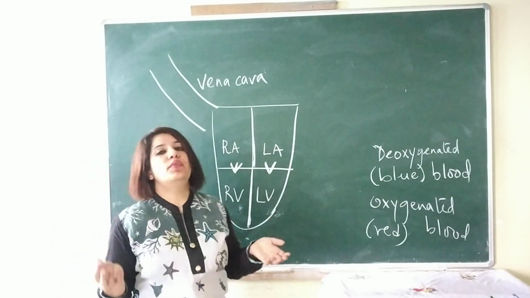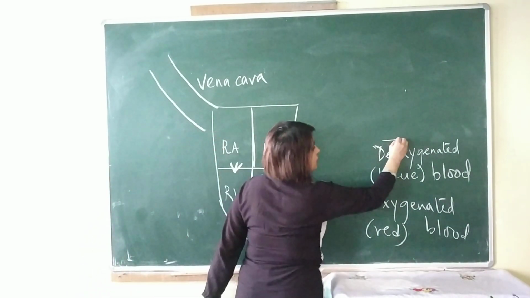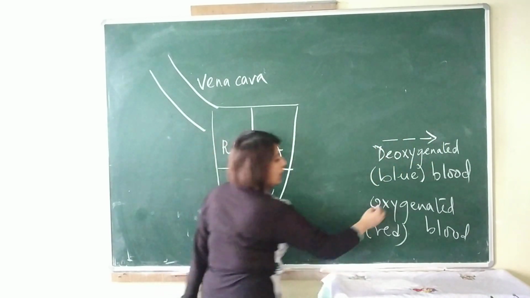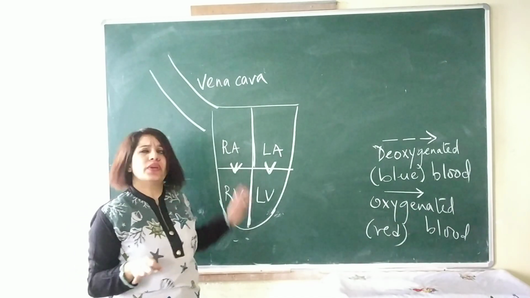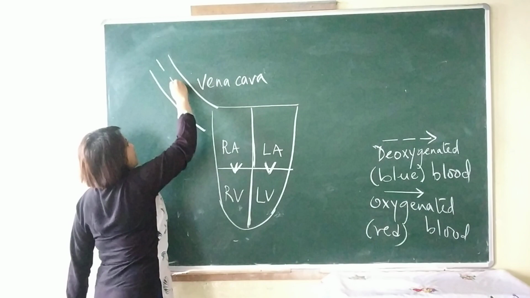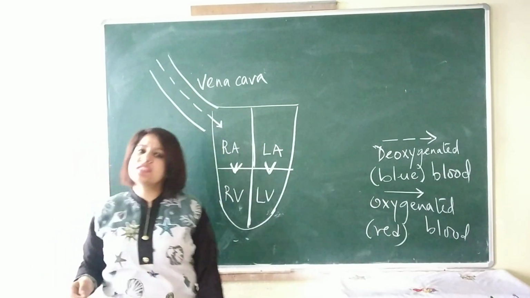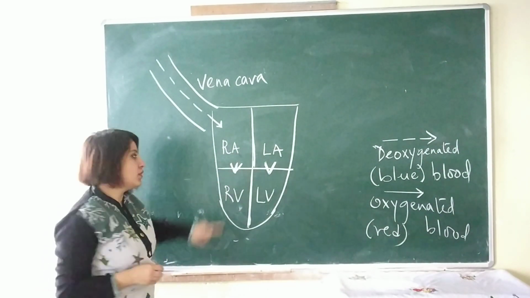Since I don't have a blue chalk and a red chalk, I will be denoting deoxygenated blood in this manner and oxygenated blood in this manner. So, the vena cava brings deoxygenated blood from the various parts of the body into the right auricle.